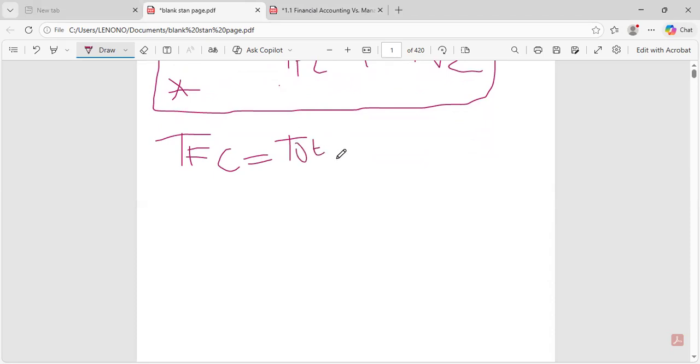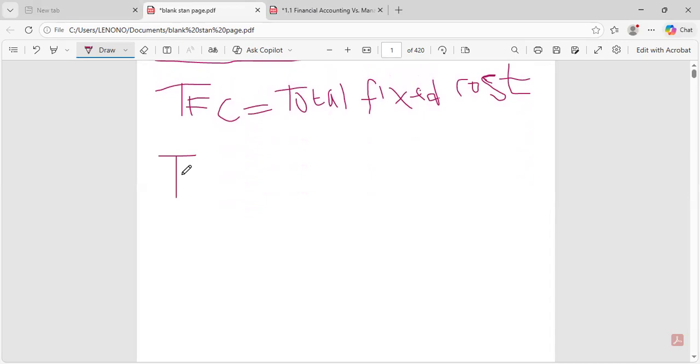We have total fixed cost, TFC. And then we have the other one, which is called the total variable cost, TVC.